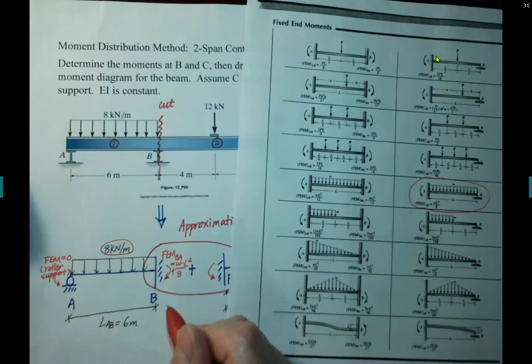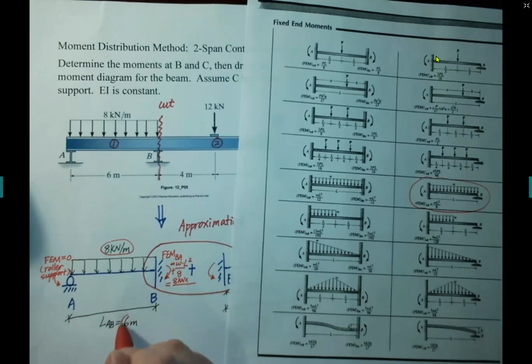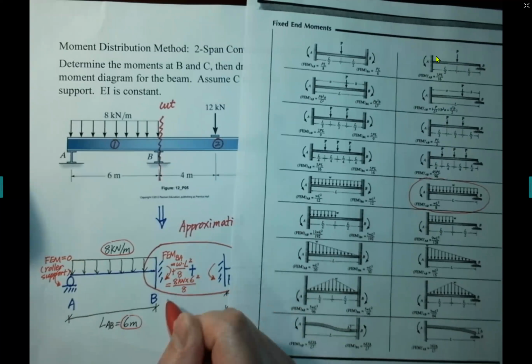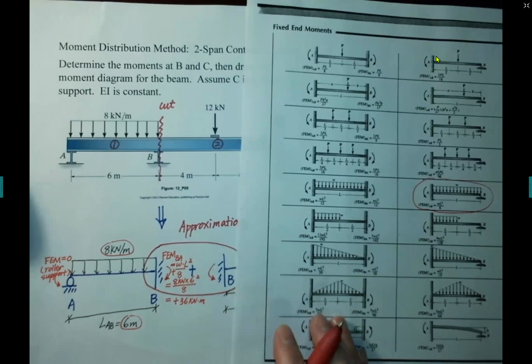Now we need to calculate it, equals to 8 kilonewton times span length squared, which is 6 meters squared over 8, and equals to positive. Positive means clockwise, and positive 36 kilonewton meter.